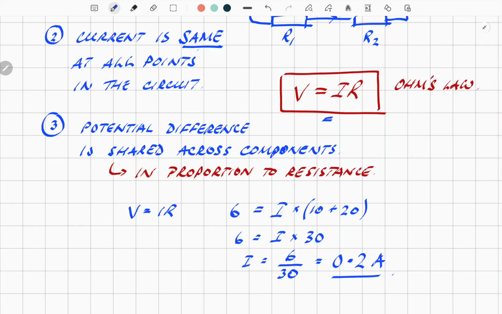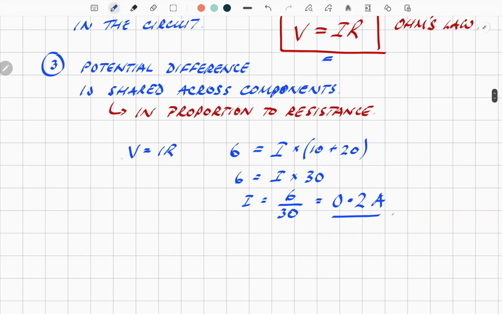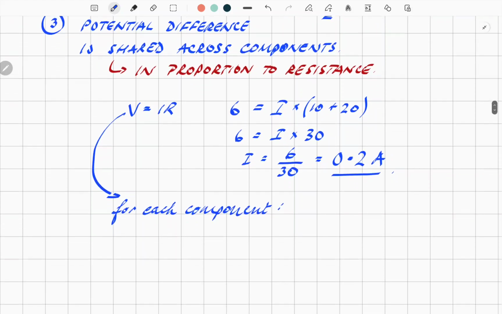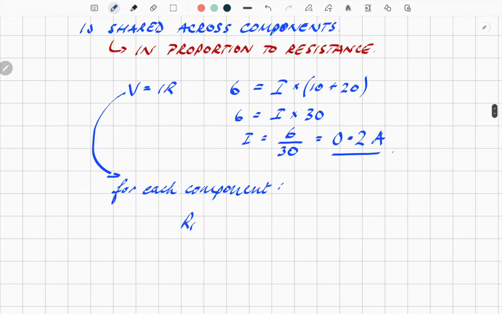All right? Yeah. Now we can use this, Ohm's law, right, for each component. So for R1, right, the voltage equals the current times the resistance, all right, which is 10.